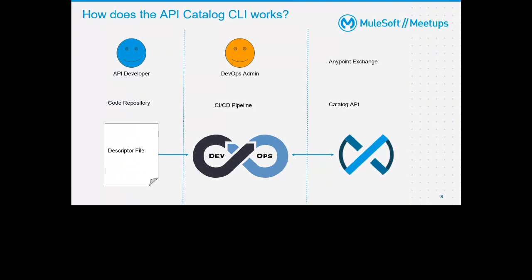So that's the one marketplace, one shop for API discovery, and that's where we see the catalog of APIs. So this is how it works. The first step, you'll be creating the descriptor file. Then you go to the CI/CD pipeline, and then automatically those workflows will get triggered whenever you make any change in the code repository. Okay, the first part.